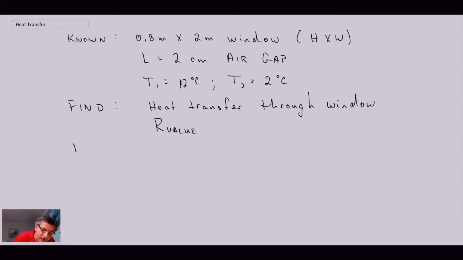So the properties here at T average, 280 Kelvin. So going into the property table and looking up the values for air.